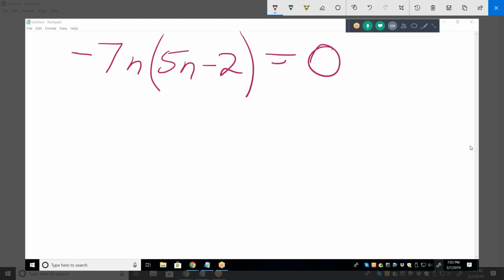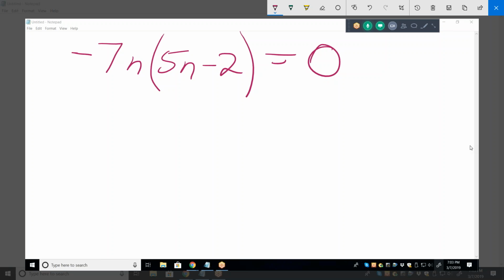But what we end up doing is solving for both of them. In other words, even though both of them don't have to be 0, that's the way you proceed to get a solution. And then you check and you find out whether both solutions work.